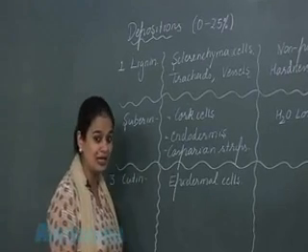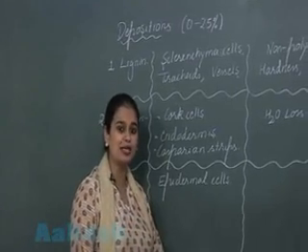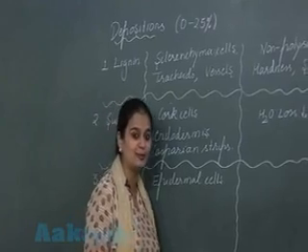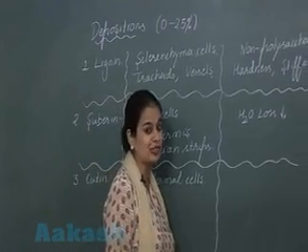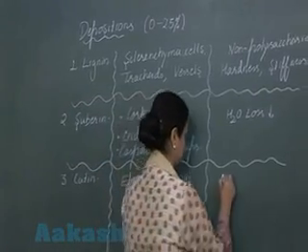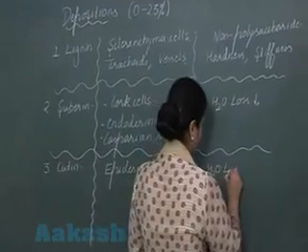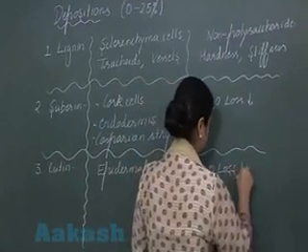Now this cuticle is hydrophobic, so again one function performed by the cuticle is that it will reduce the water loss from the leaf. So water loss from the leaf is reduced.